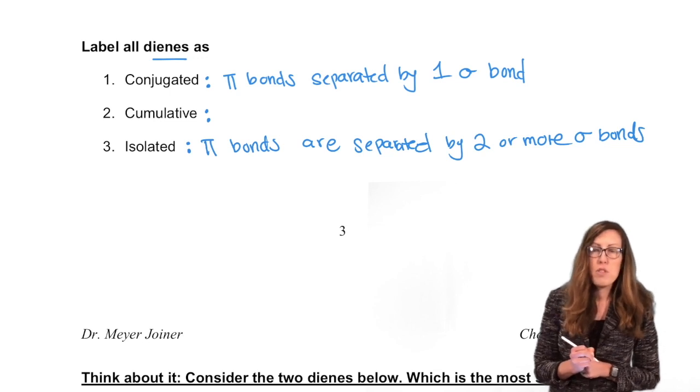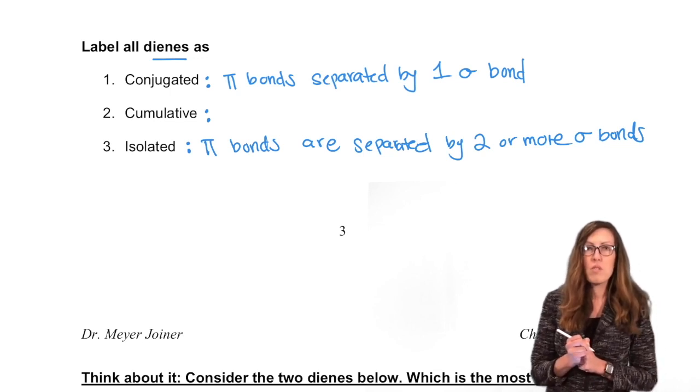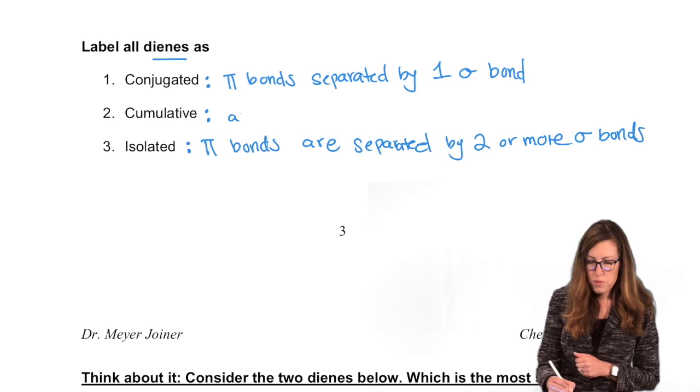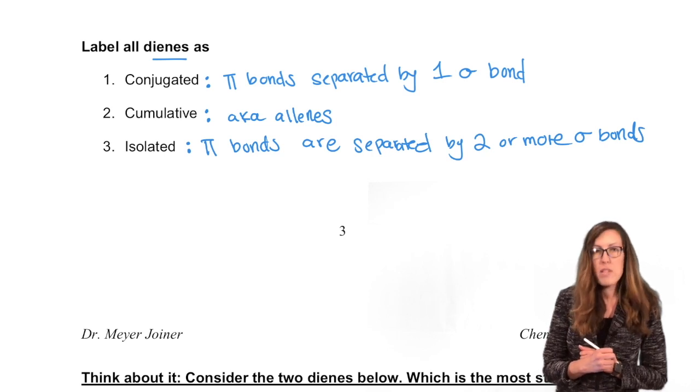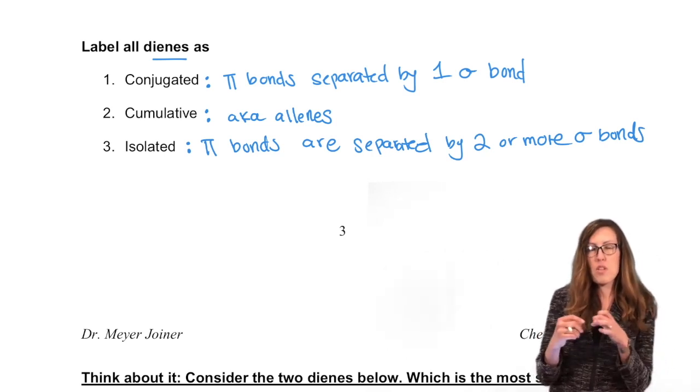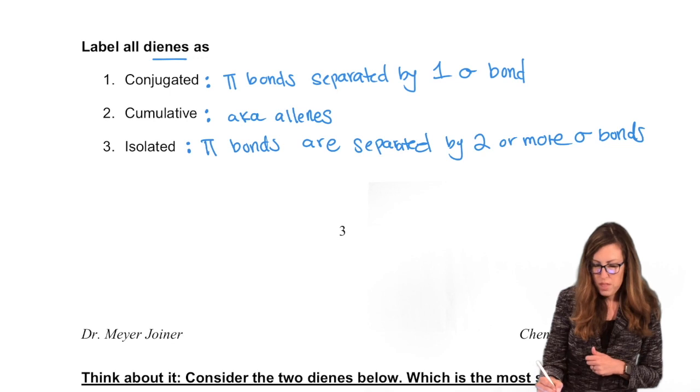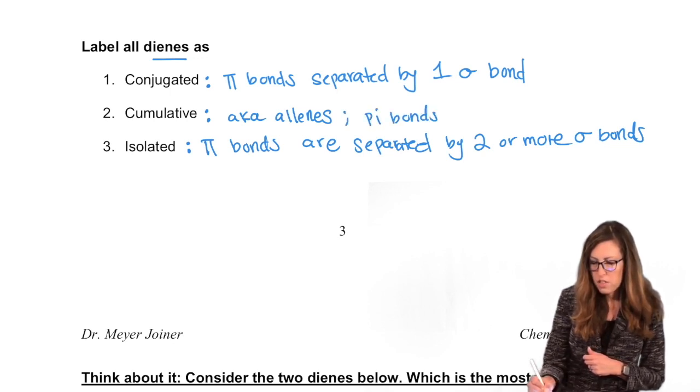Lastly, if you draw the isomers correctly, you're going to have some that are referred to as cumulative, which we've referred to as allenes in the past, if you took Organic 1 with me. That means the pi bonds are actually connected with no sigma bond separating them. The pi bonds are adjacent.